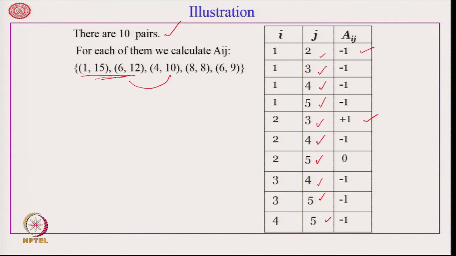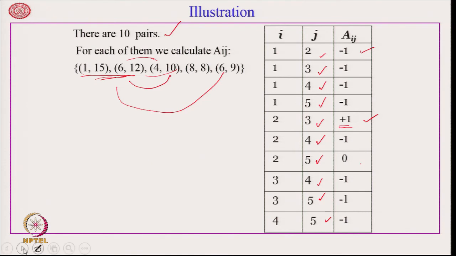That means, as I go from the second sample to the third sample, the value of x is decreasing and the value of y is decreasing. Therefore, that is a concordant pair, and as we see, we have got a plus 1 there. What about 2 and 5? Since the x values are 6 for both of them, this pair is neither concordant nor discordant. Therefore, we get the value 0. Similarly, you can calculate for all other pairs.